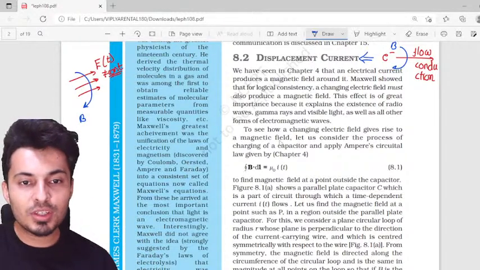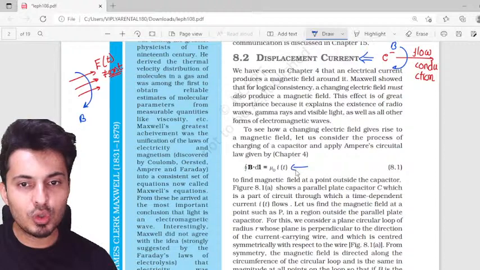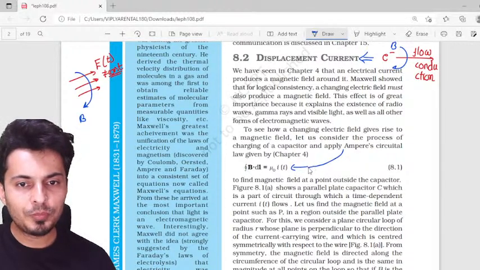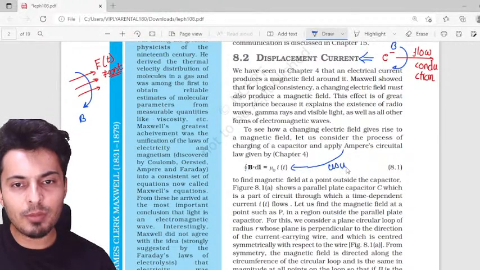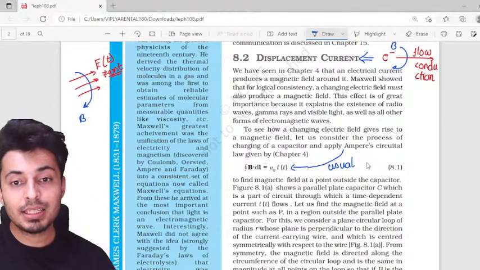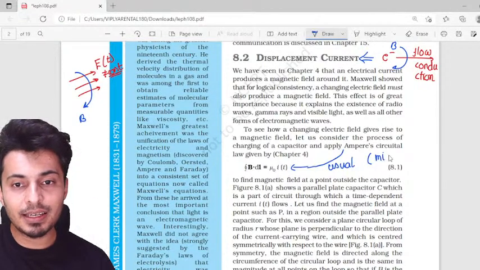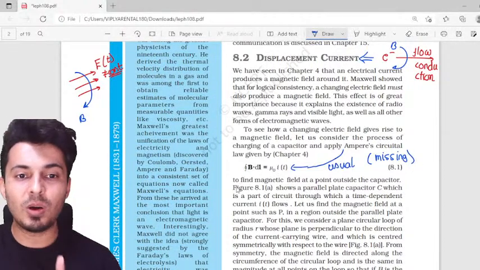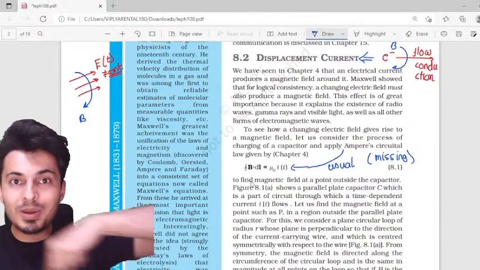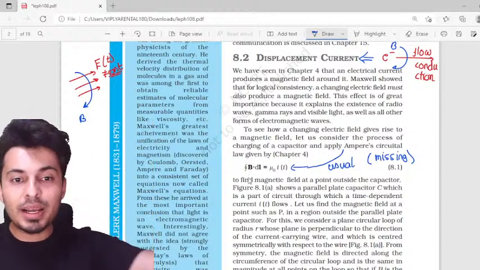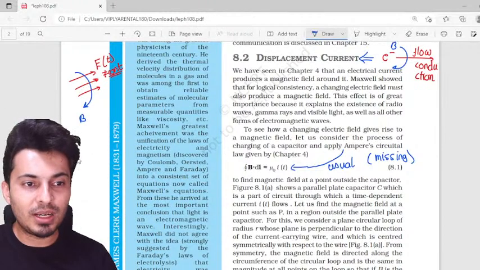Yep. Now this was your usual Ampere's law. But there is something missing in it. And if you remember what Ampere's law was, you draw a loop, you take a path, and you go around that path. Let's say you go around this path, something like this.